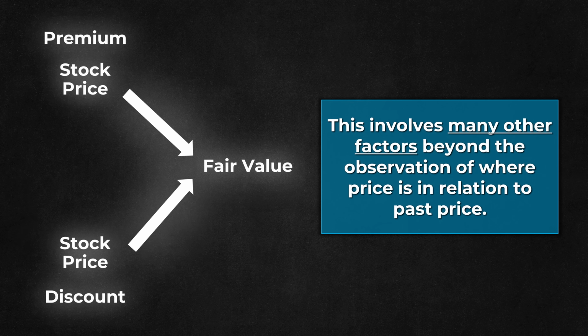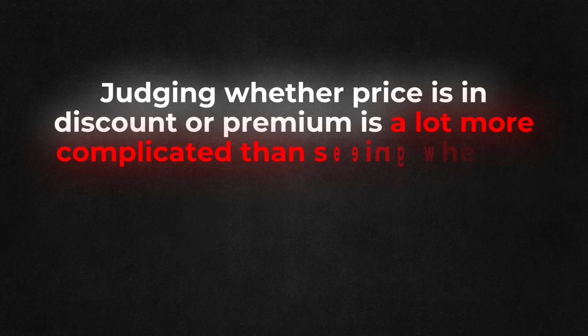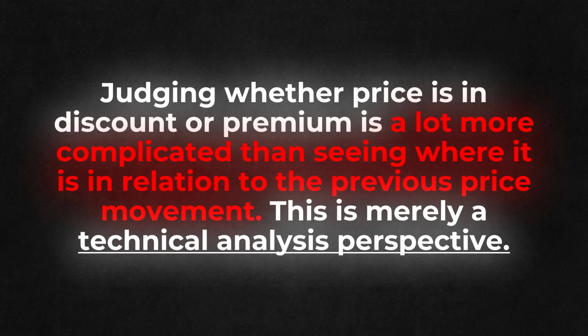Another example is forward discount or premium in Forex markets. In FX markets, the forward exchange rate may differ from the spot rate due to interest rate differentials between two countries. Judging whether price is in discount or premium is a lot more complicated than seeing where it is in relation to the previous price movement.